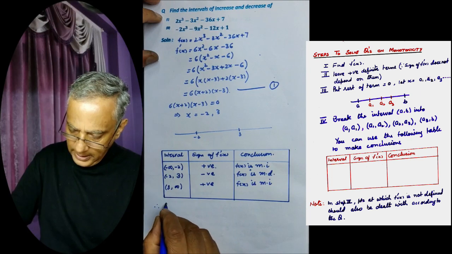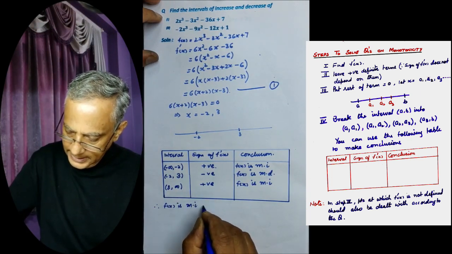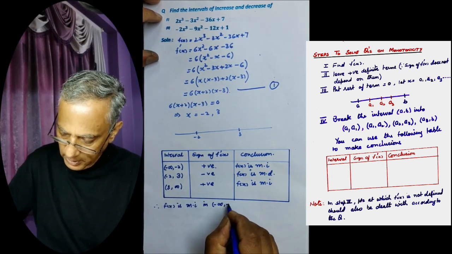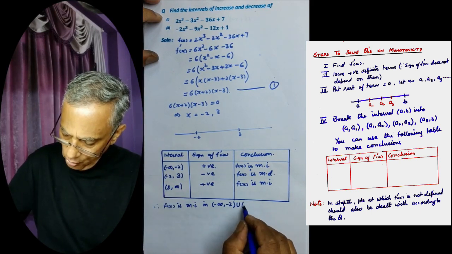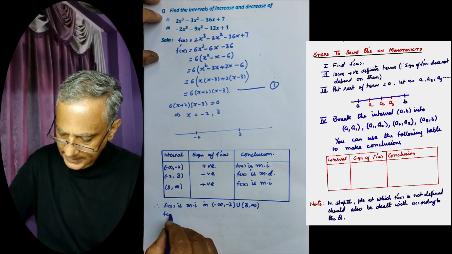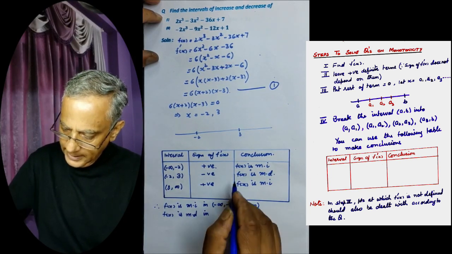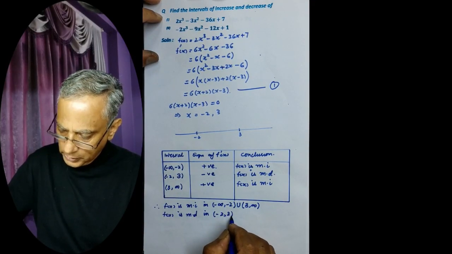So f x is monotonically increasing in minus infinity to minus 2 union 3 to infinity, and f x is monotonically decreasing in minus 2 to 3.